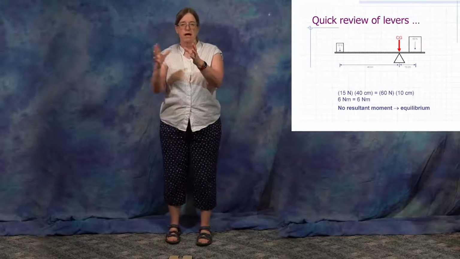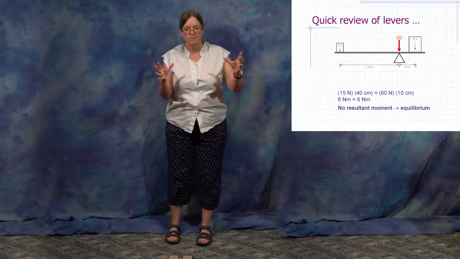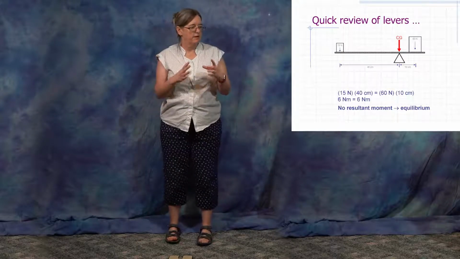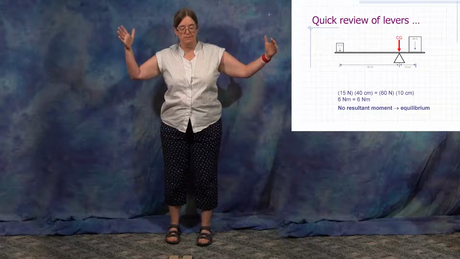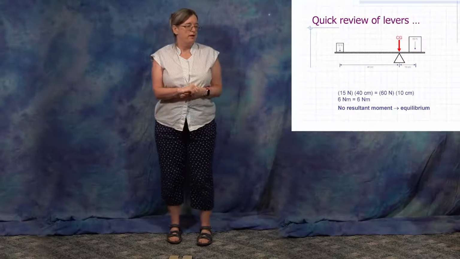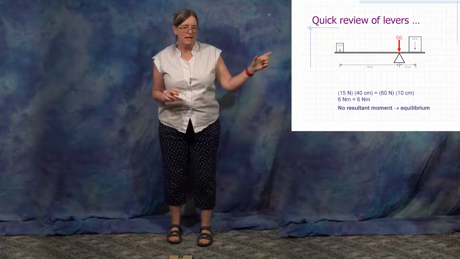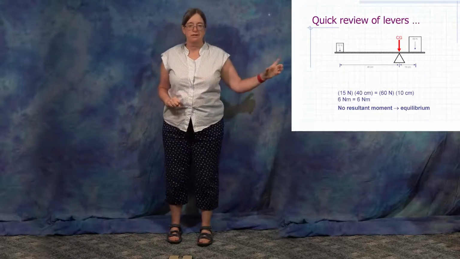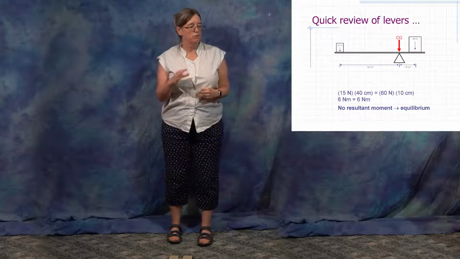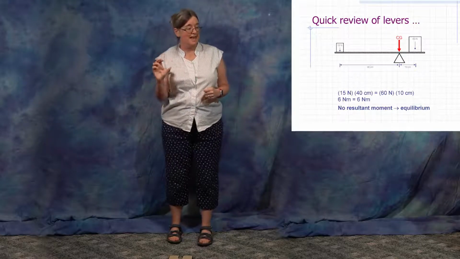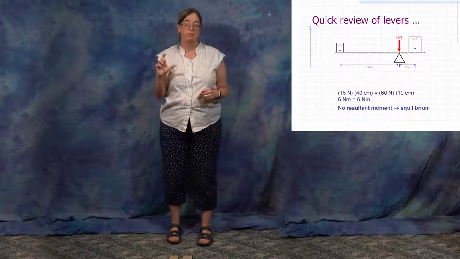If, however, I shifted the lever over, same total distance between the small box and the big box, but now the 15 newton weight is 40 centimeters from the fulcrum, and the 60 newton weight is 10 centimeters from the fulcrum.